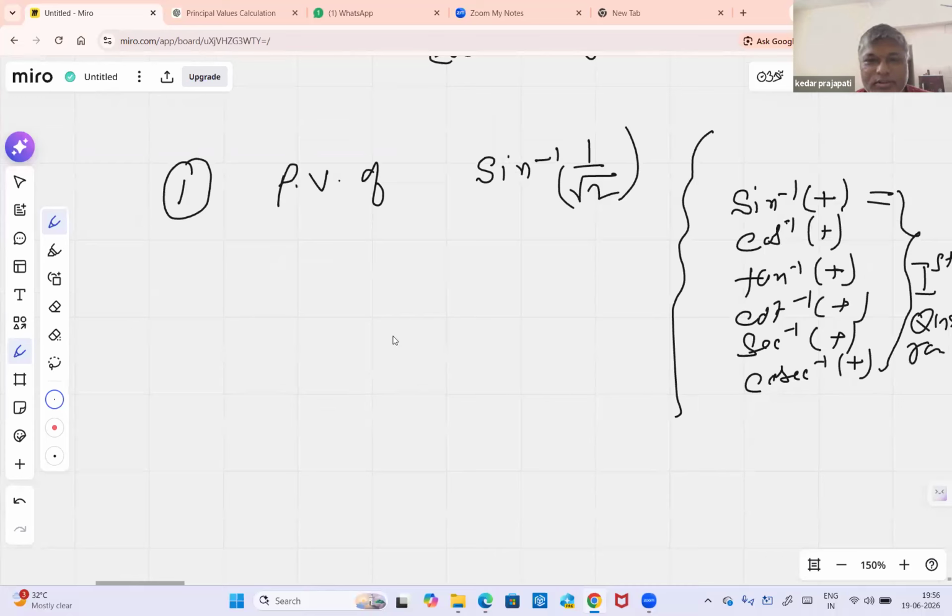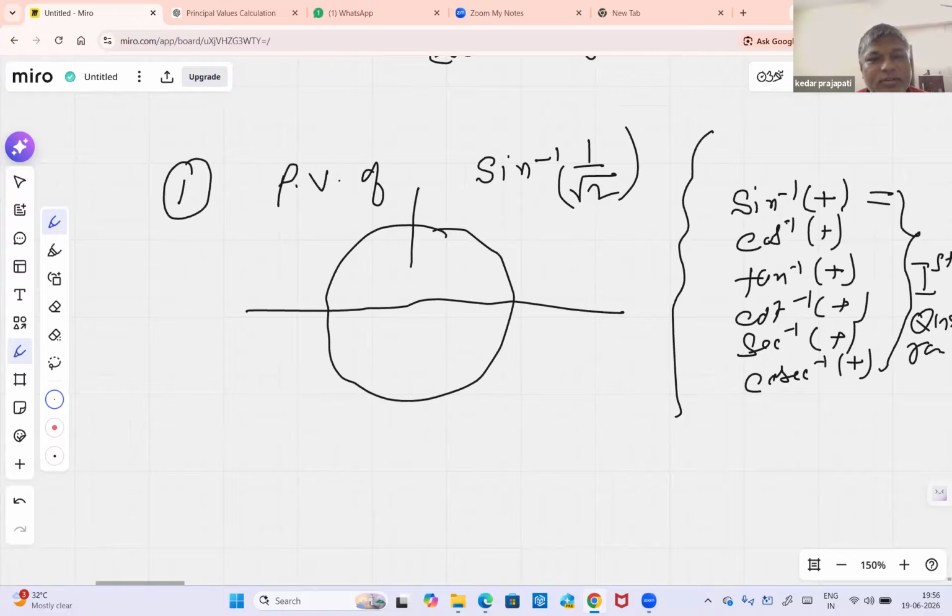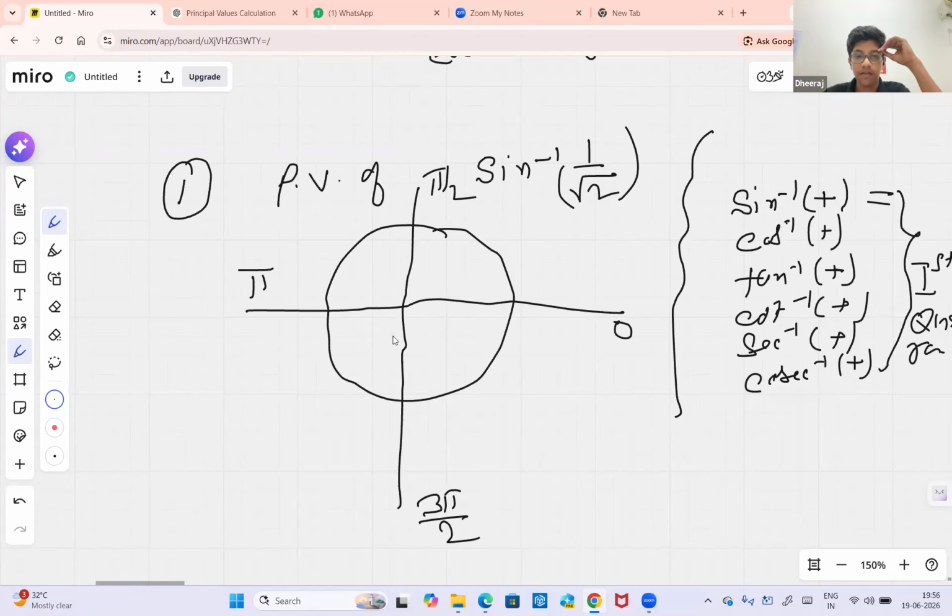We know this one. Suppose this is 0, this is pi by 2, pi and 3 pi by 2. From 0 to pi by 2, all entities will be positive.